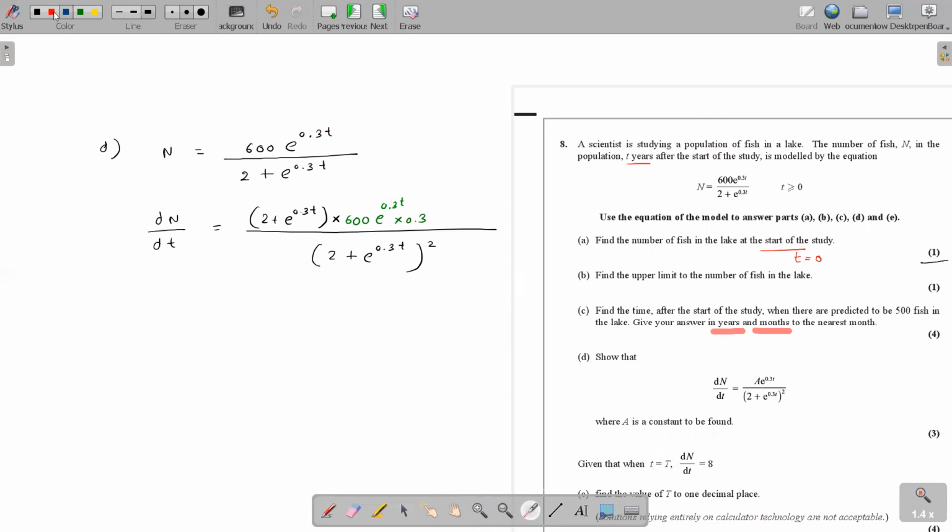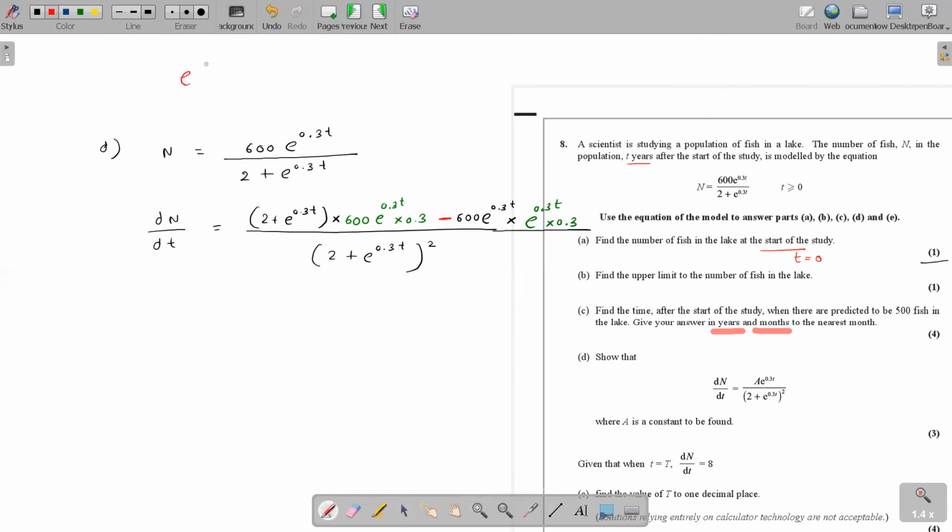Then continue with the quotient rule: minus the numerator times the differentiation of the denominator. The differentiation of 2 plus e to the power 0.3t: 2 differentiates to 0, and e to the power 0.3t differentiates to e to the power 0.3t times 0.3.